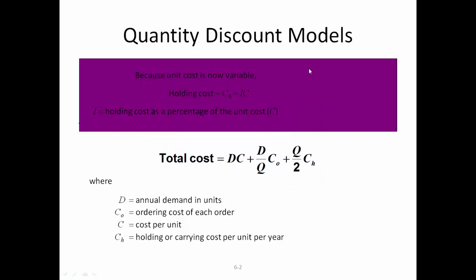So when we add it to our total cost model, we see simply that our holding cost will be replaced by our holding cost as a percentage of the unit cost times the cost. So what happens?